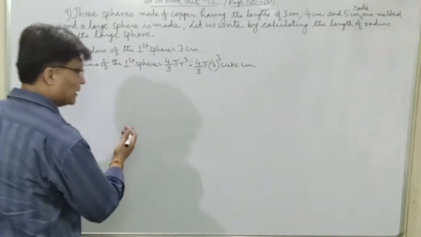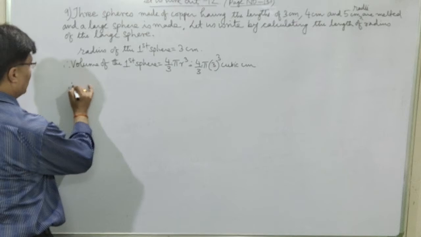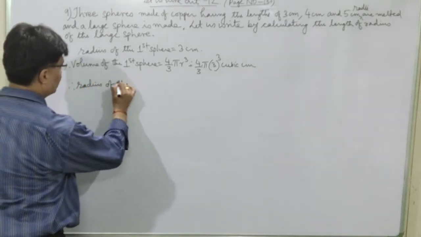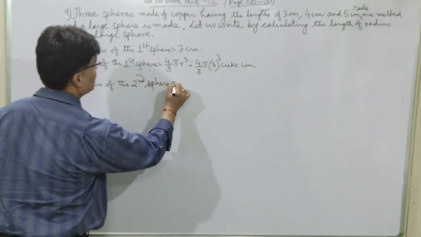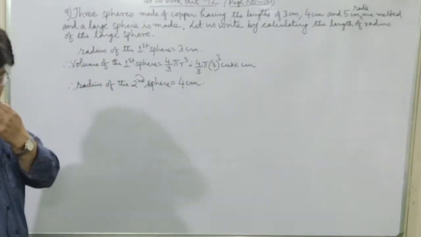So next, similarly, let us write down the radius of the second sphere. So radius of the second sphere, how much is that? This is 4 cm. Okay.